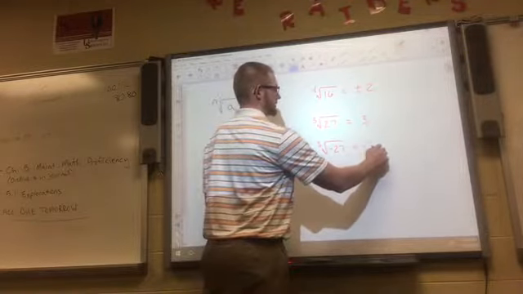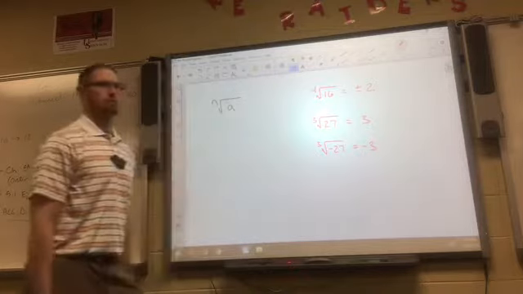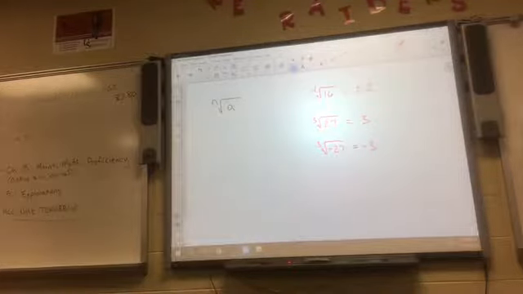Yes, this would be negative 3. Yes, Peyton. So is it the exponent or the actual number that is odd or even? n. If n is even and you're solving an equation, you're going to need plus or minus.